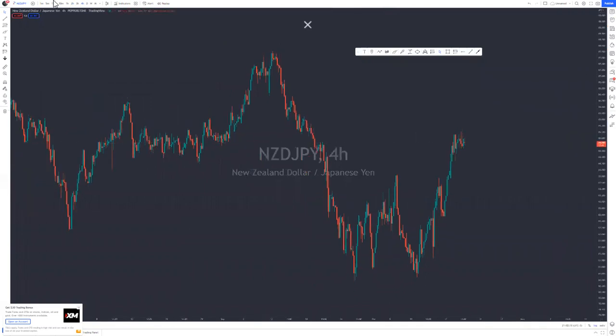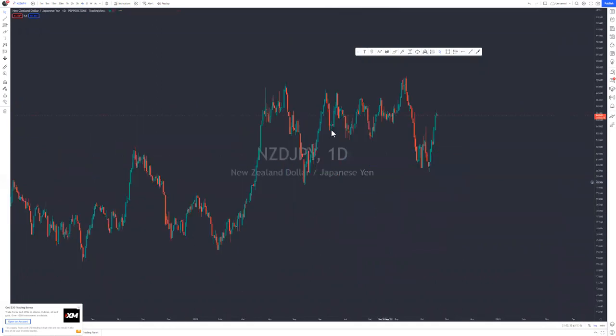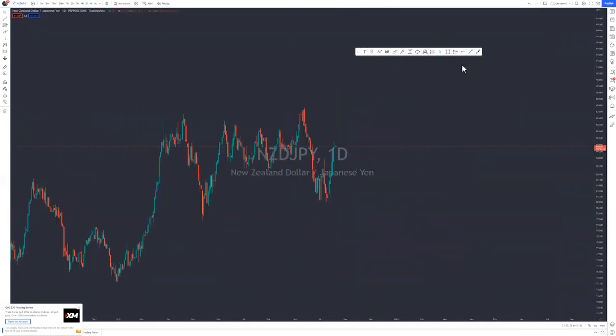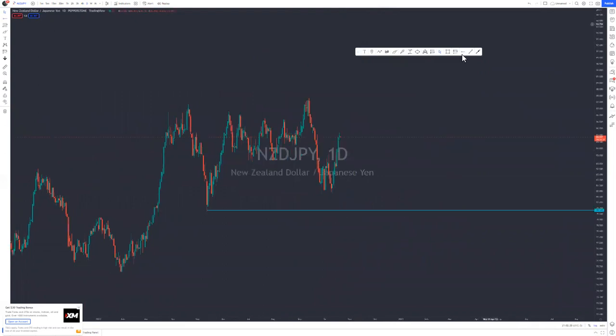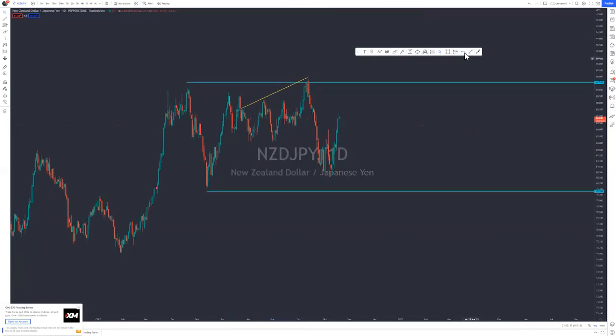Guys, let's do the DGPY. Here I'm starting on the daily. So on the daily time frame, guys, the structure that we focus on is the current structure. We mention the higher high, and then the 1, 2, 3 pattern, the real pattern where price went down.